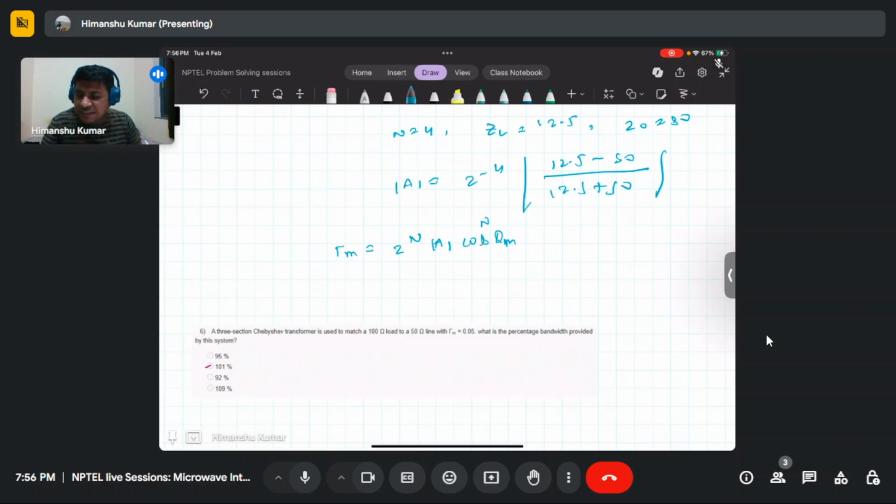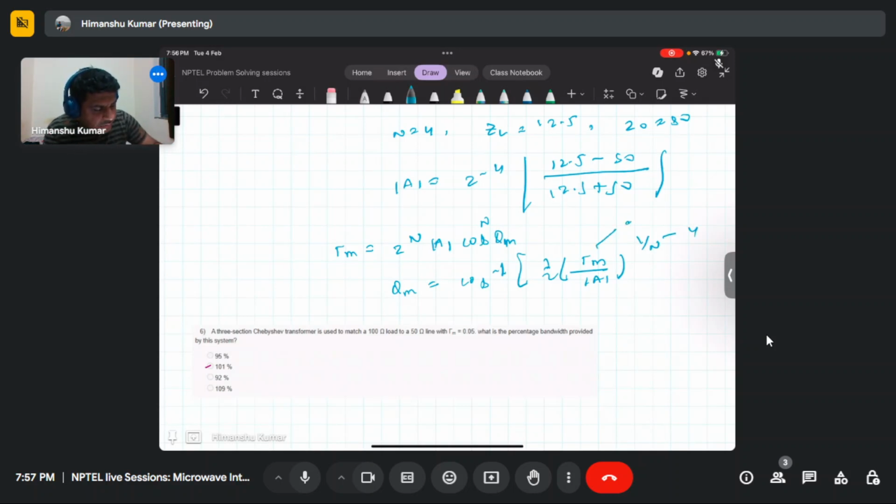So with this you can calculate theta m by cos inverse of half of gamma m divided by mod of A, to the power 1 by n. Here n is 4.